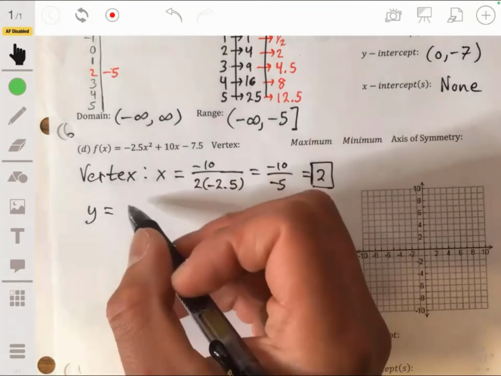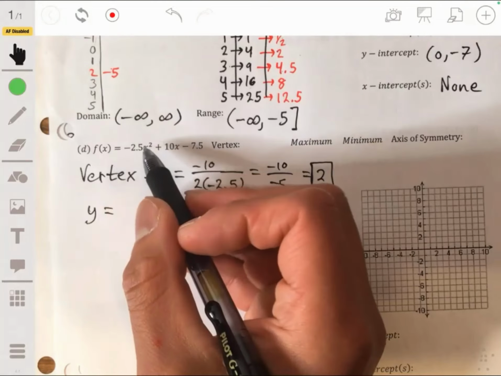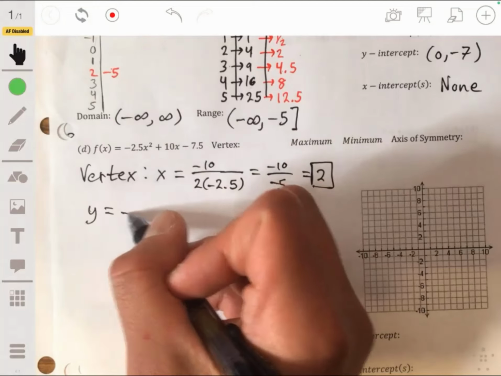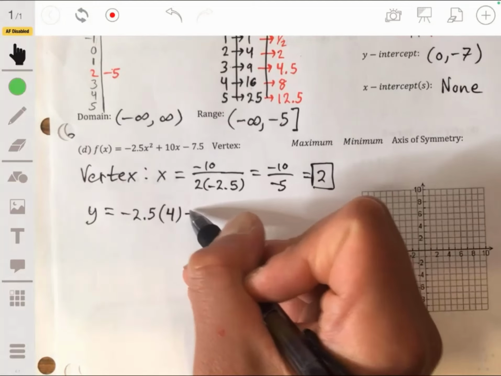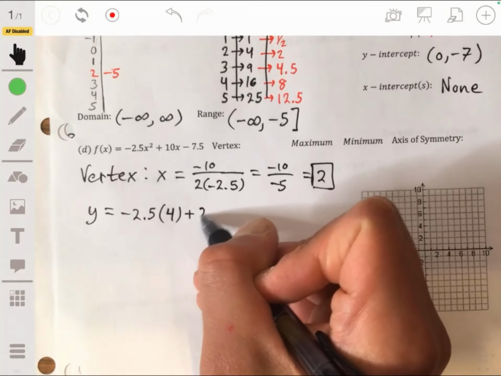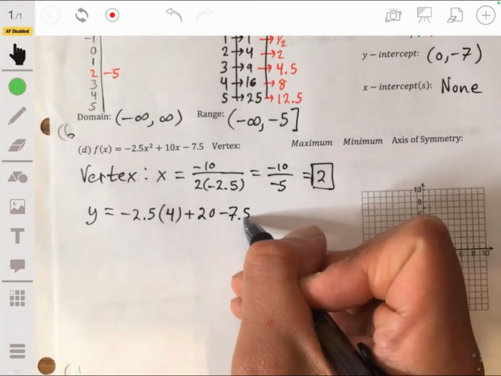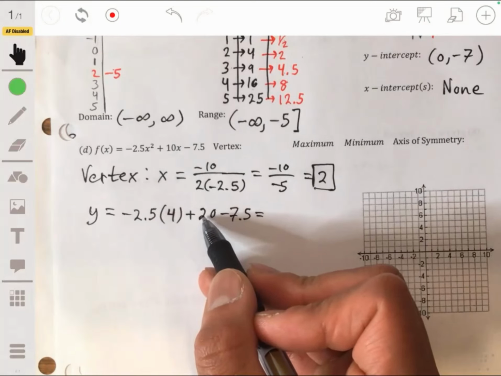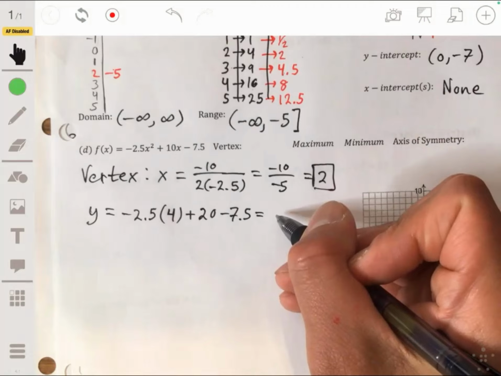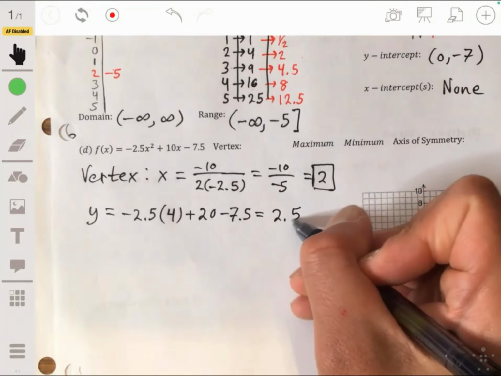Y will be at f of 2, so plugging in 2, we get -2.5 times 2 squared, or times 4, plus 10 times 2, so plus 20, minus 7.5. So -10 plus 20, 10 minus 7.5, so 2.5.